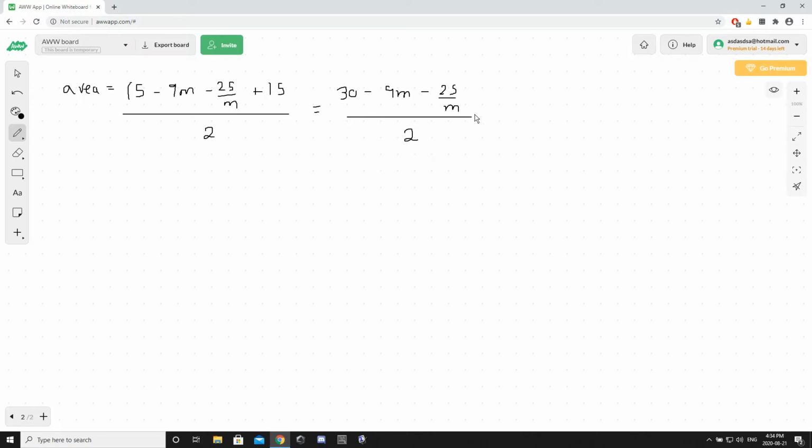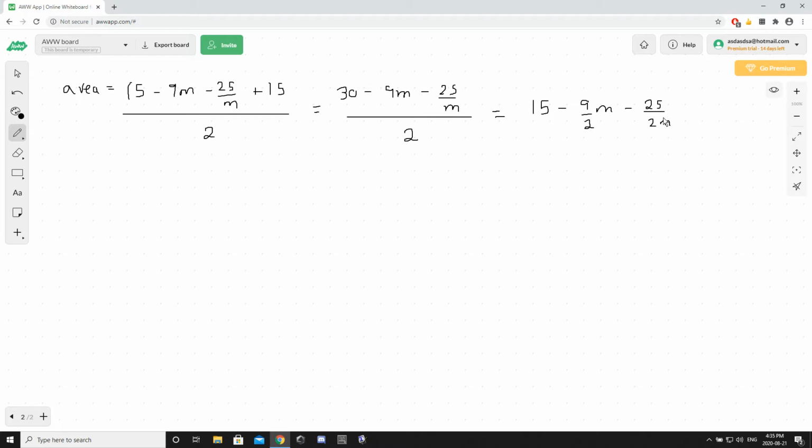Let's keep going, we're not done just yet, we will be soon. So that's equal to 15 minus 9 over 2 m minus 25 over 2m.